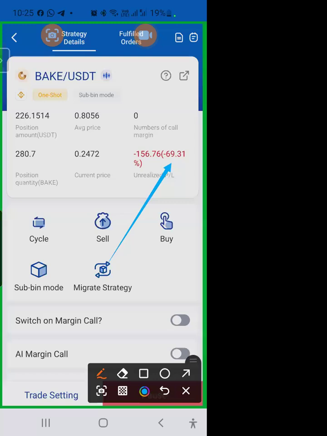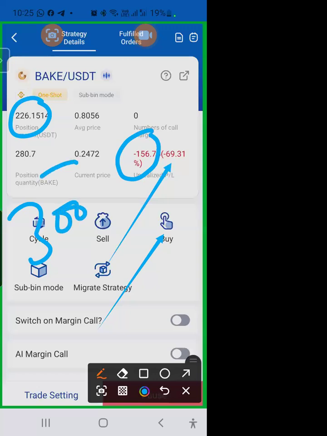Some people think if you are trading a coin with $222, it has a floating loss of 156. If you do manual replenishment here, you add in like a 300, automatically this coin is going to sell out. This is a big no.